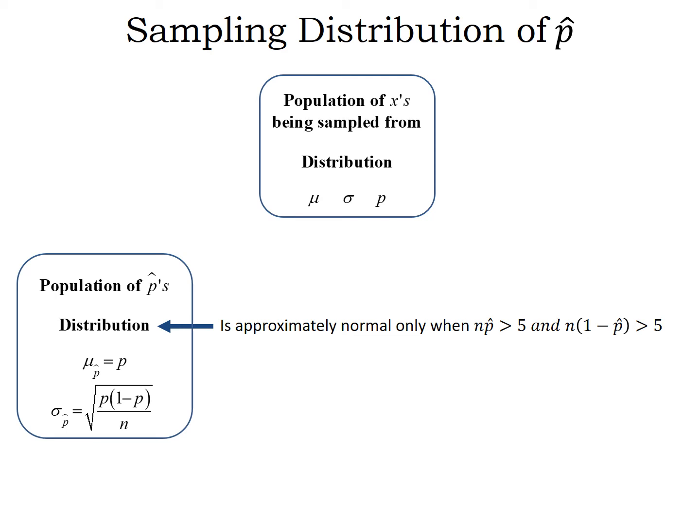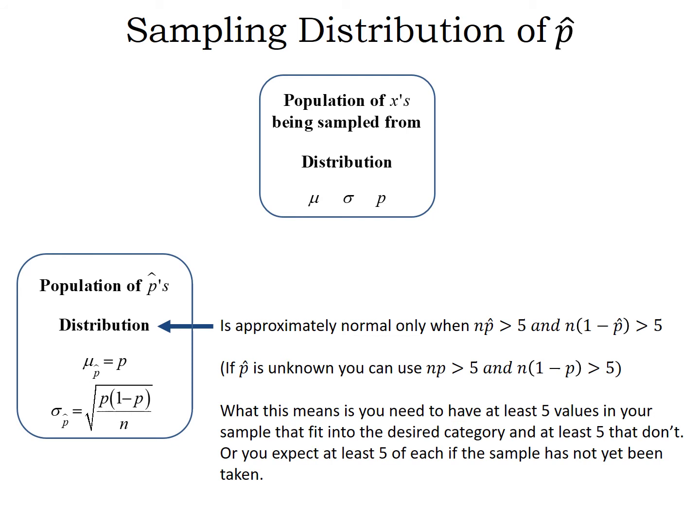We need n times p hat and n times 1 minus p hat to be bigger than 5. Or if we haven't collected the sample yet, so we don't know what p hat is, then we need n times p and n times 1 minus p to be bigger than 5. What these are really saying is that whatever we're interested in, getting heads, we need at least 5 heads and 5 tails.